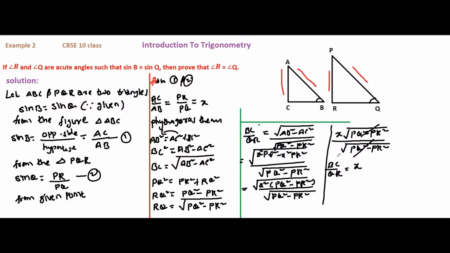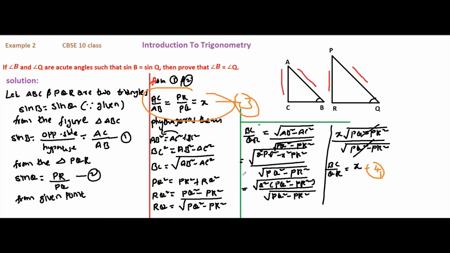And we can see here AC by AB equals PR by PQ equals X. If you take this one as equation 3 and this one as equation 4, from 3 and 4 we can write, have a look, both are equal.